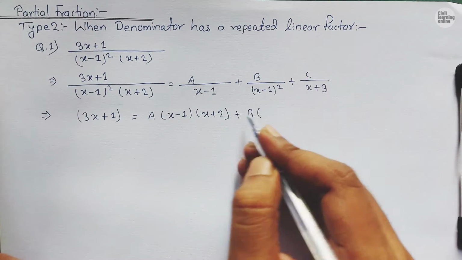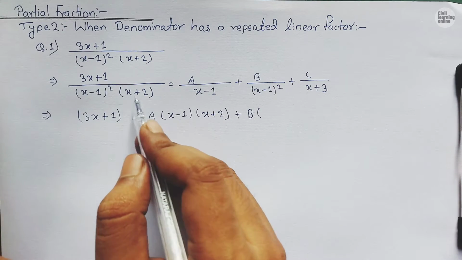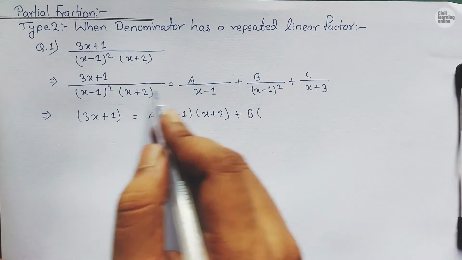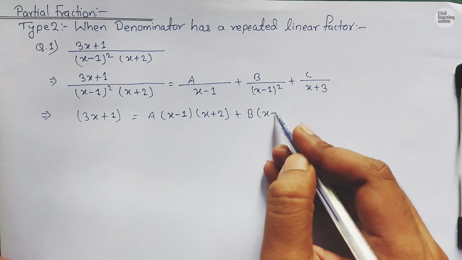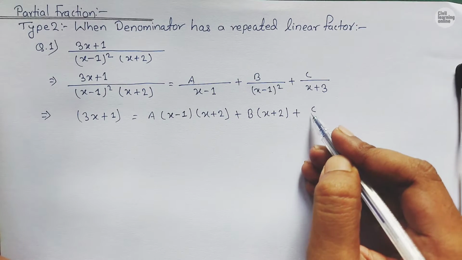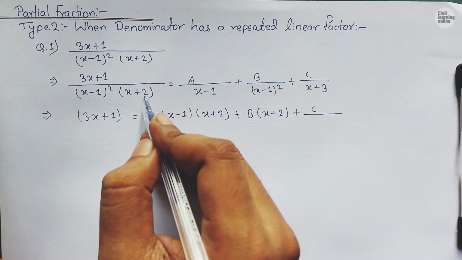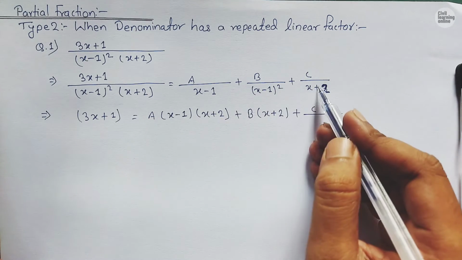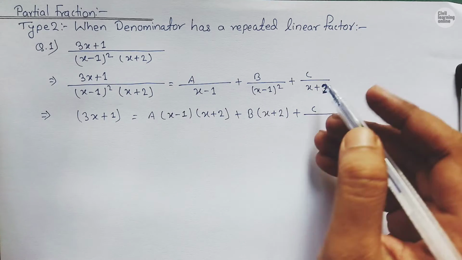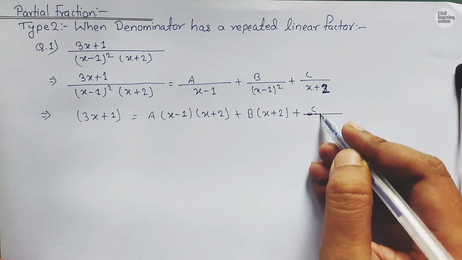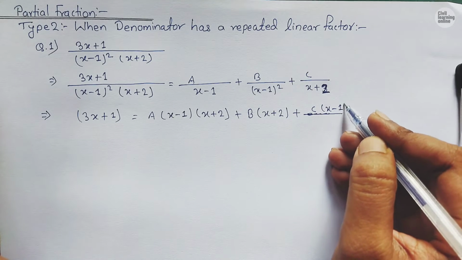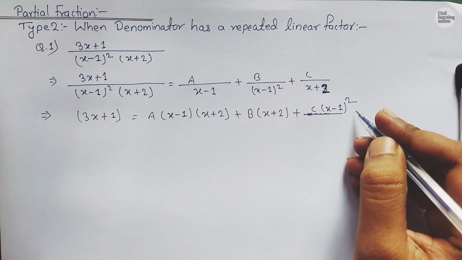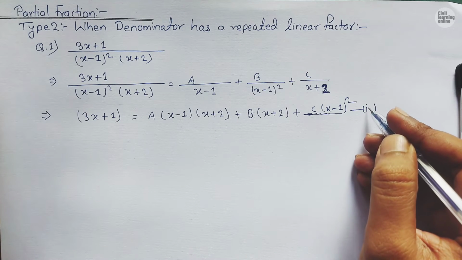Then b gets multiplied with this value, so (x minus 1) square gets cancelled, and we have (x plus 2). Then c, when we multiply with this value, (x plus 2) gets cancelled out, so we have c multiplied by (x minus 1) whole square. Let this be equation 1.